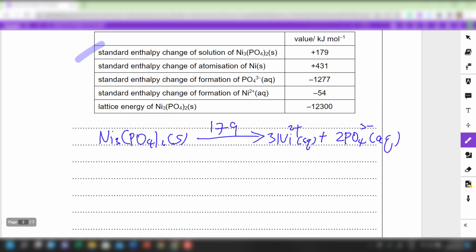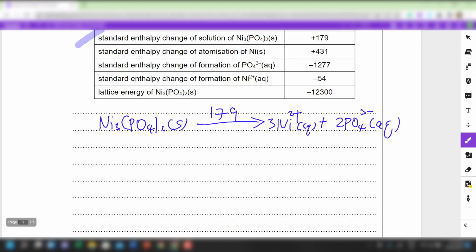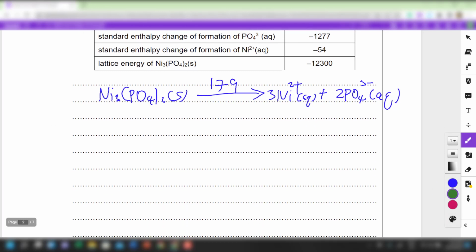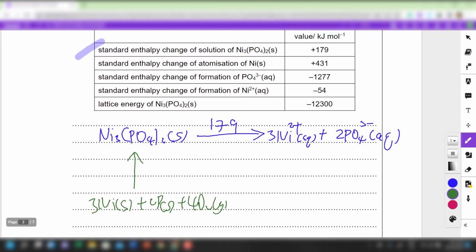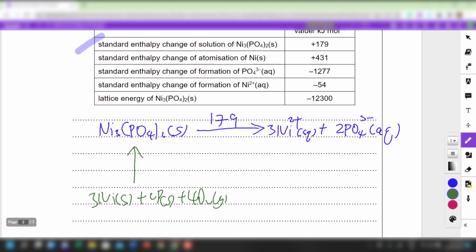Some of you try to link the nickel phosphate solid to an enthalpy change of formation term. So maybe let me just write it out first, then you know what I'm talking about. Some of you try to have an enthalpy change of formation like 3Ni solid plus 2P solid plus 4O2 gas. You try to have an enthalpy change of formation term, but you realize that this information is not given to you.